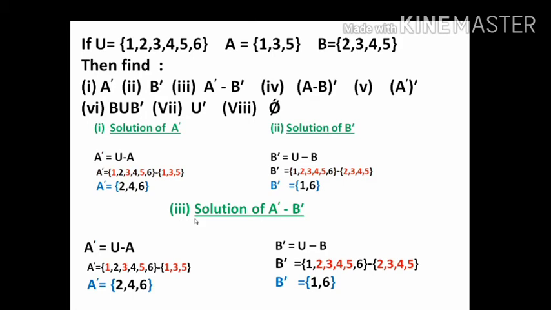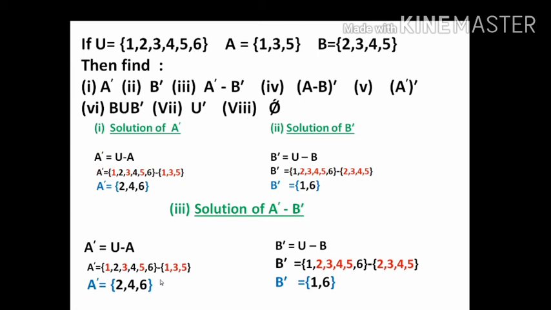Now we will solve its third part, that is A complement minus B complement. This part we can solve in 3 steps. Number 1. In the first step we will find A complement, that I have already explained in part 1.